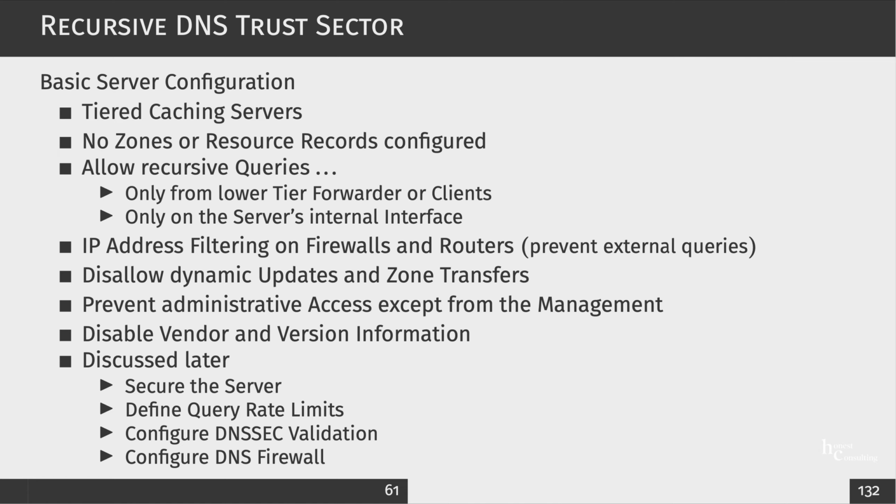And maybe because of some misconfiguration, some of your DNS zones, for whatever reason, happen to be stored on the recursive servers, maybe some misconfiguration in your management, then you want to ensure that no zone transfer or dynamic updates are possible.